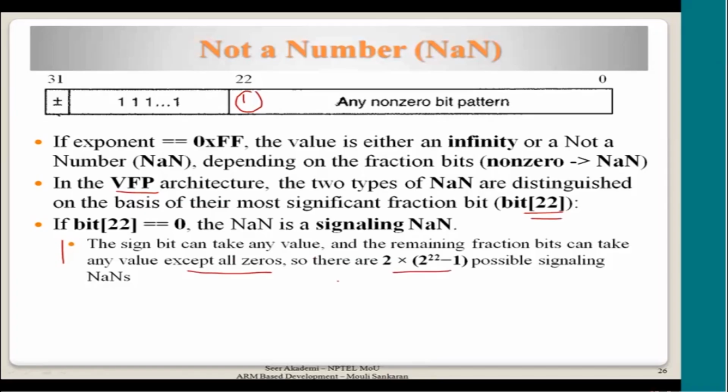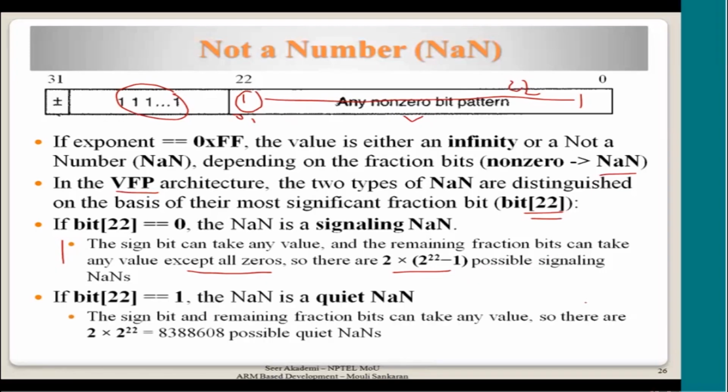So there are 2 power 22 minus 1 patterns. They call this bit 22 as a sign bit, and the remaining 22 bits can be anything other than 0, because it has to be 1 minimum. That means one non-zero will be here and this can be a 0 or 1. That means they have taken care of all ones in the exponent and a non-zero value here to represent a NaN, and that is given as a possible signaling here.